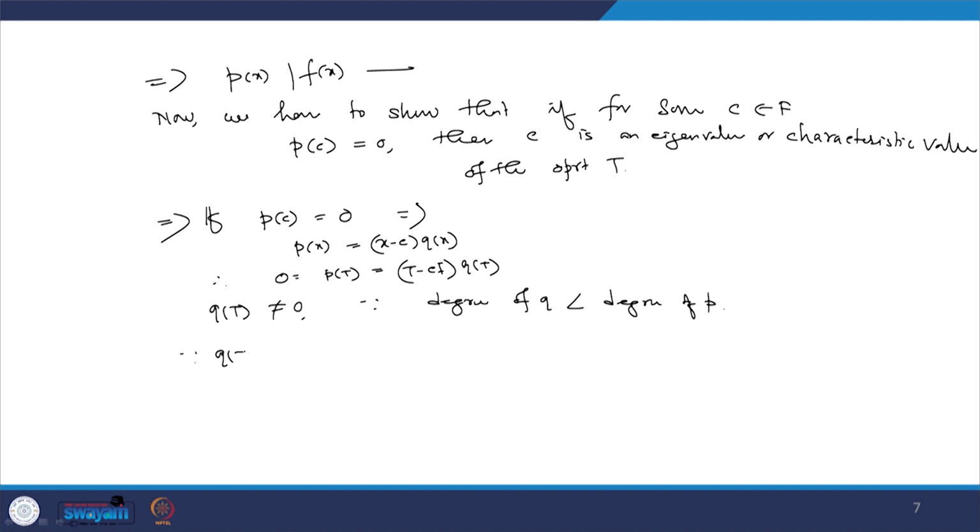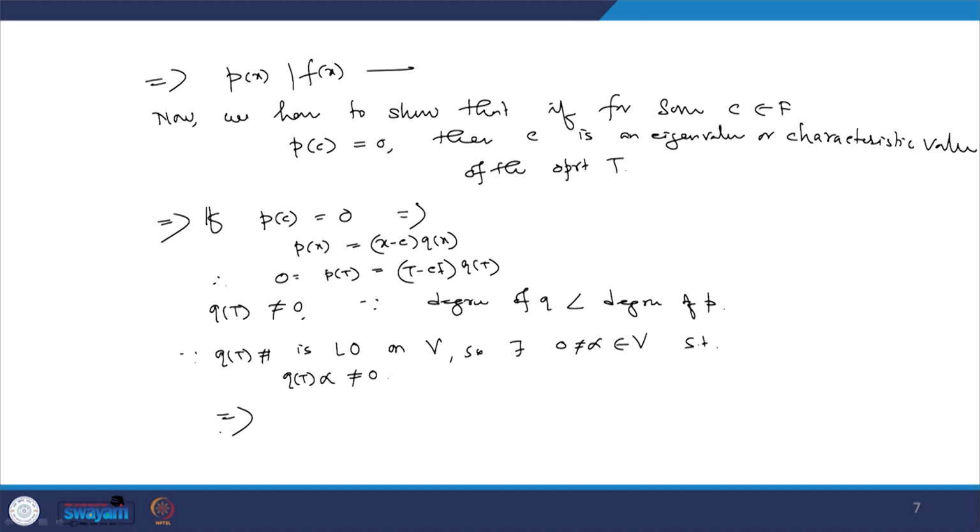Since q(T) not equal to 0 is a linear operator on V, there exists alpha not equal to 0 belonging to V such that q(T) operating on alpha is not equal to 0.